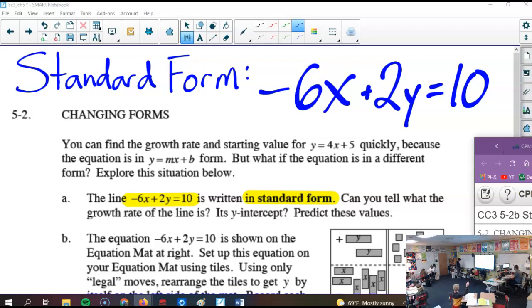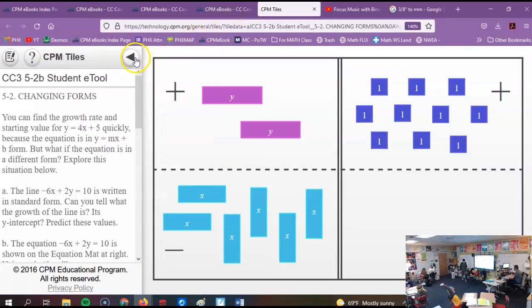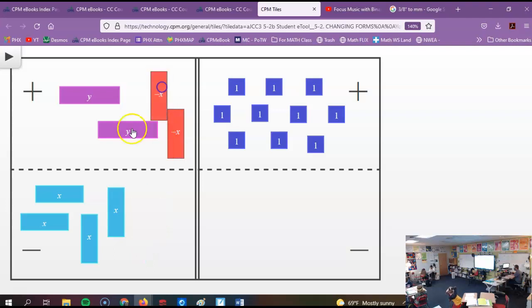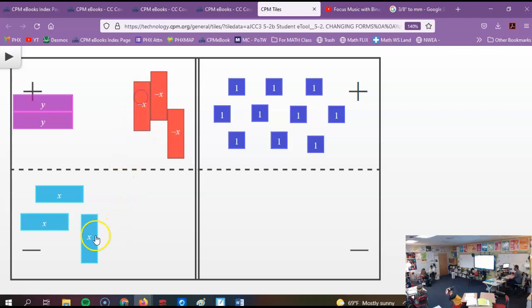Negative 6x positive 2y equals 10. So if I wanted to put these all together, I'd have to drag them up here. So negative 6x, every time I drag over, I flip, right?